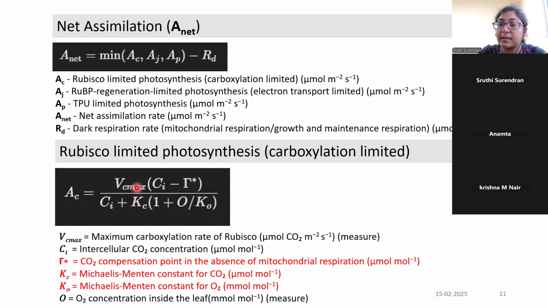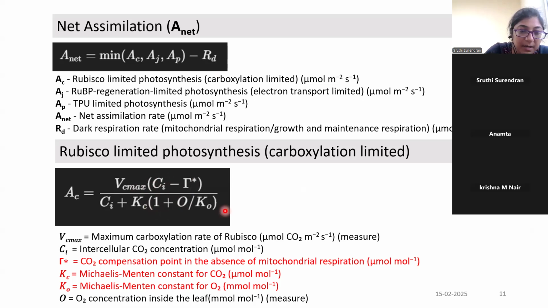So we have some mechanisms to measure the value of VC max. CI is also something that we can measure. For now, let's say that we have this value of CI. So using some instrument, we measure the value of VC max, we measure the value of CI, we have the oxygen concentration. Now, how do we calculate the remaining terms? That is what we look at now.